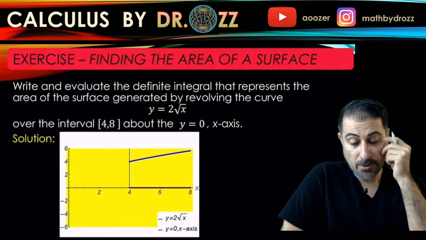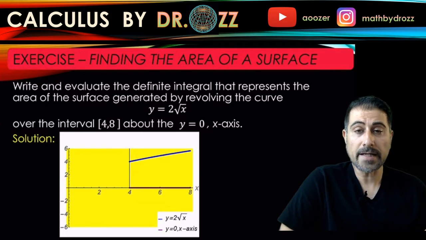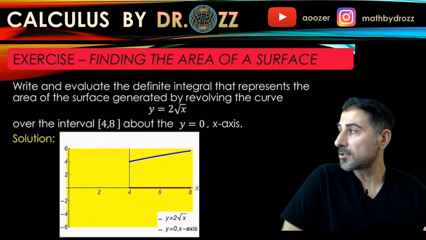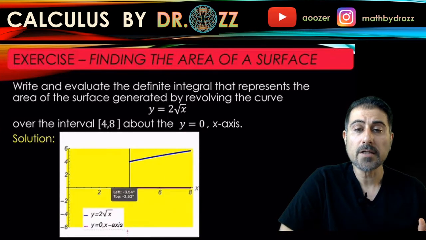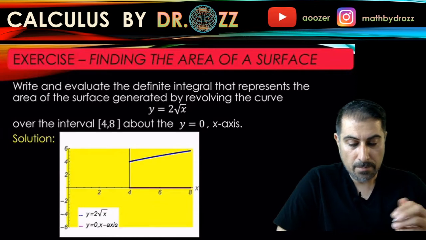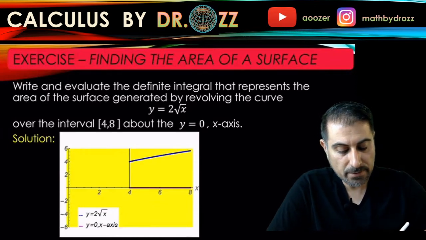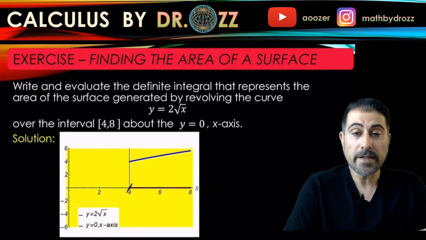First of all, I want you to graph y equals 2 radical x over the interval 4 and 8, just to convince yourself that you have this nice graph. Then mark 4 and 8, because we're going to revolve this curve around the x-axis.